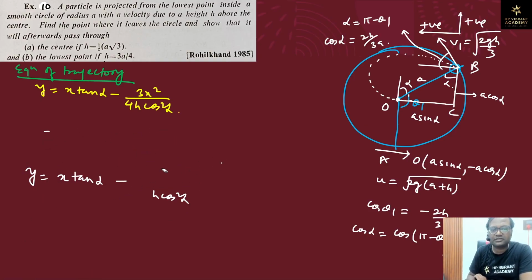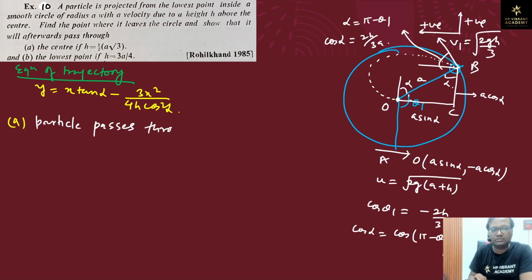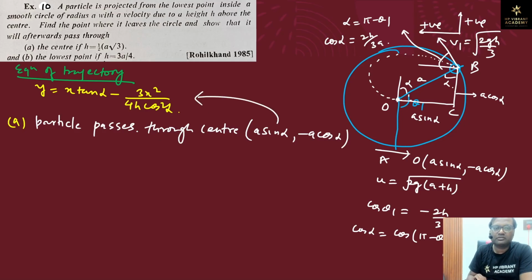Now in case 1, the particle passes through the center, and the coordinate of the center we have found in part A is A sin alpha, minus A cos alpha. Let us put this coordinate in this equation of trajectory.